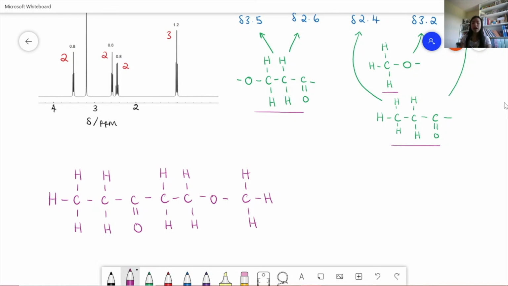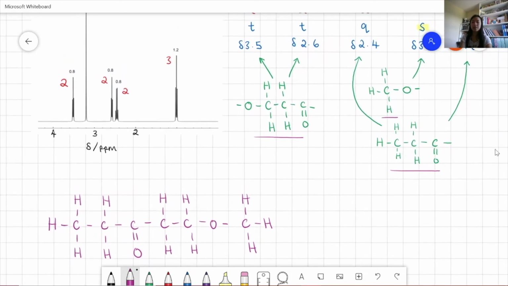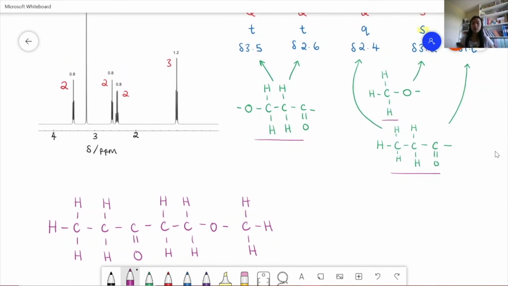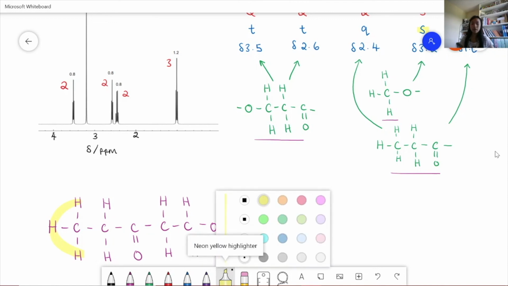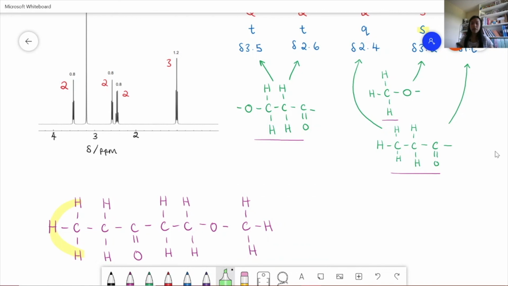So looking back at the spectra, we can see why this is the case. To check, we have these 3 hydrogens being in the same environment. And then we have these 2 being in the same environment.